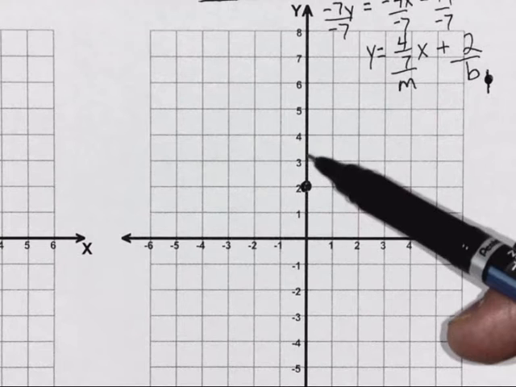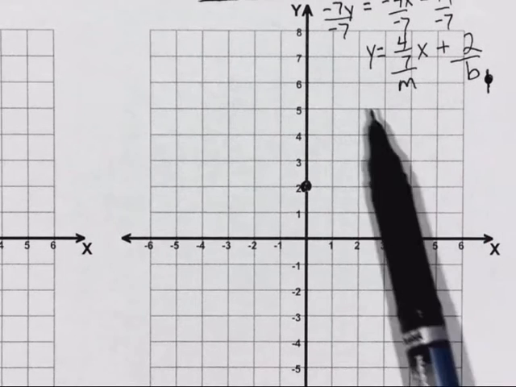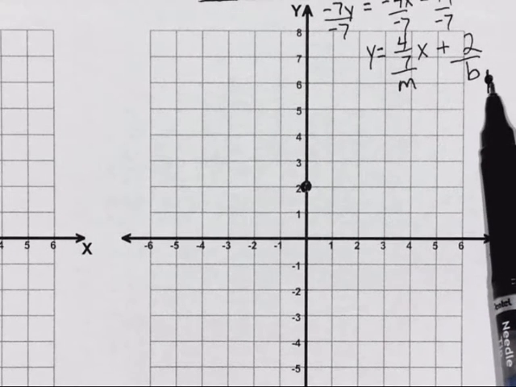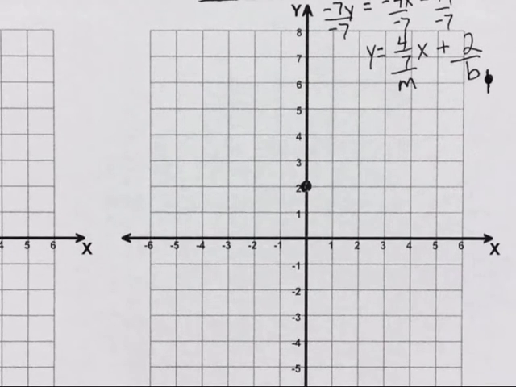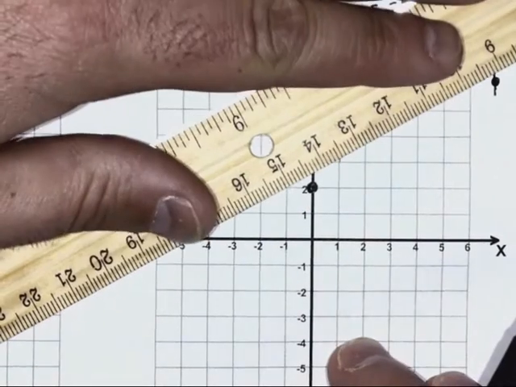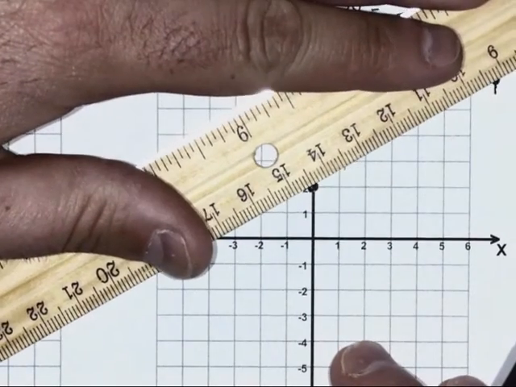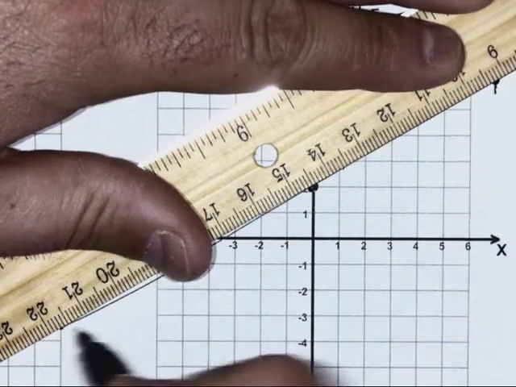So up 4, and to the right 7 since it's positive slope. That should give me enough points to make a line.